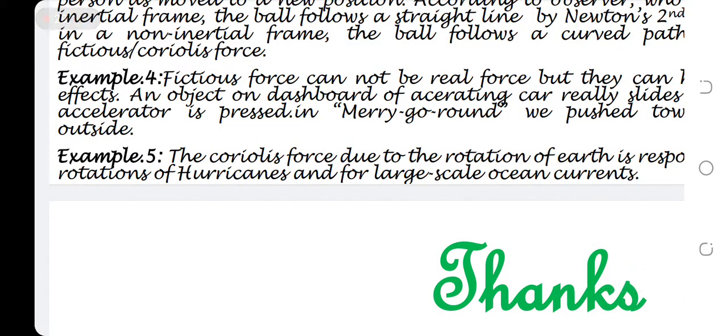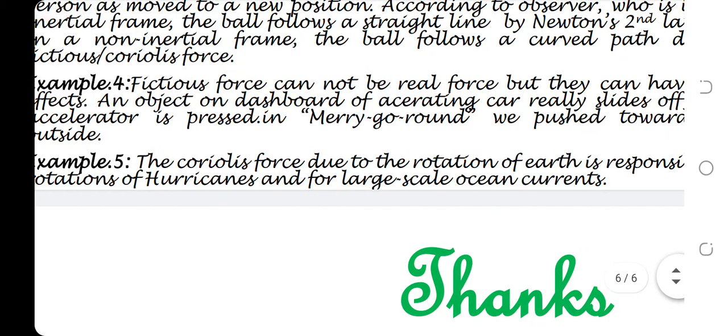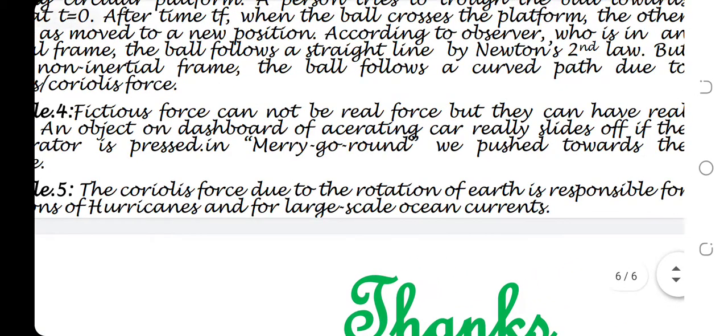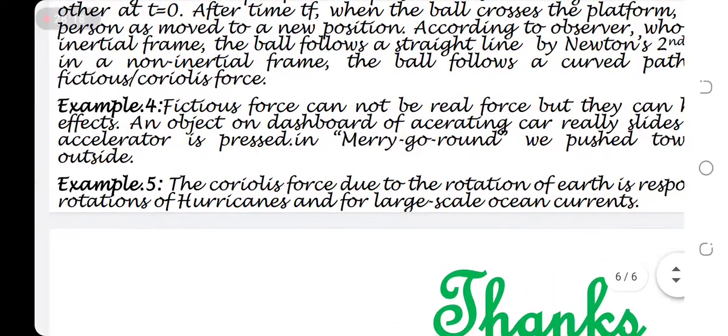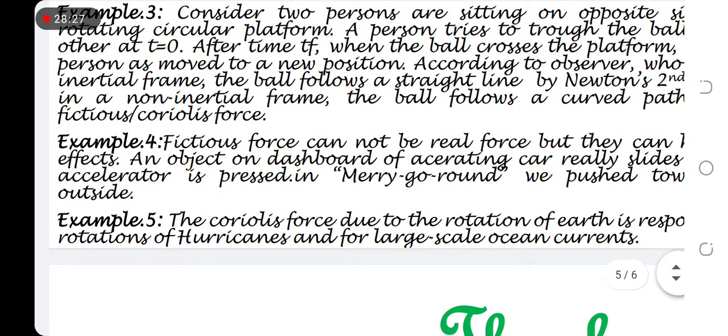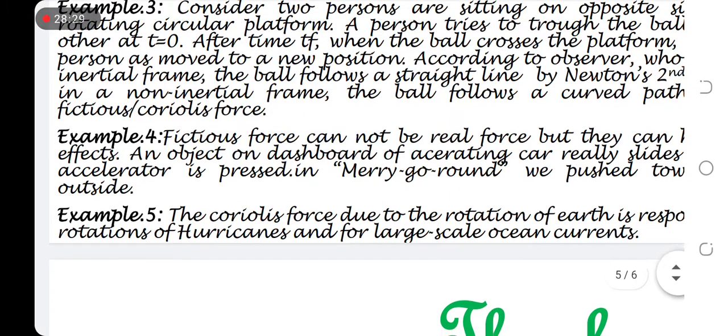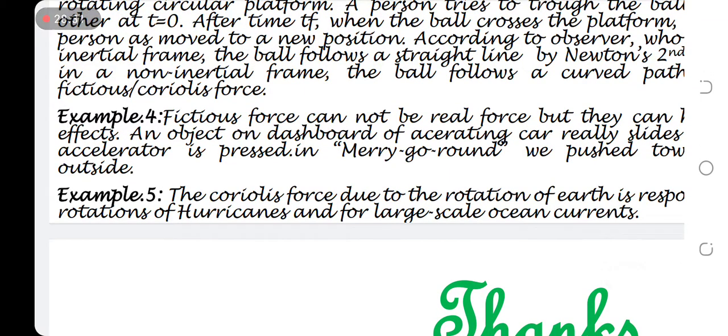The Coriolis force due to the rotation of Earth is responsible for the rotations of hurricanes and for large-scale ocean currents, and cyclones are produced due to the Coriolis forces.